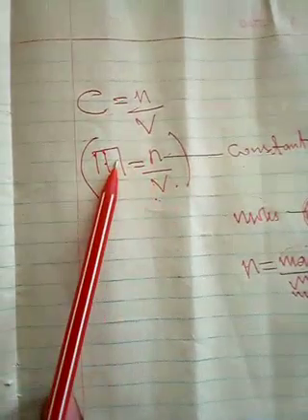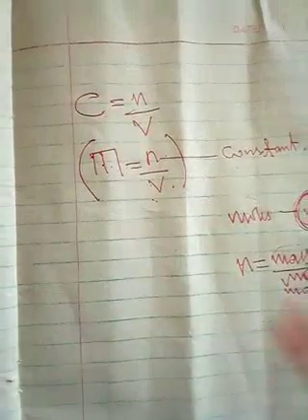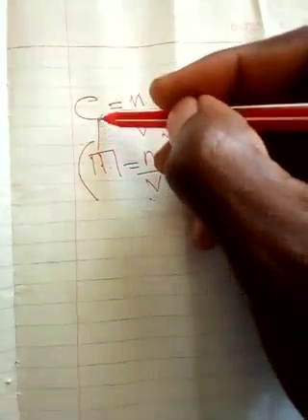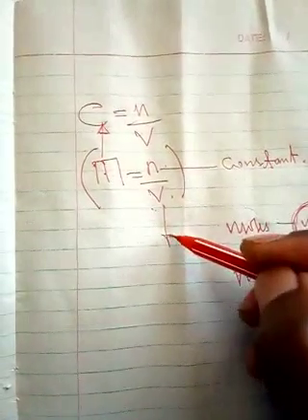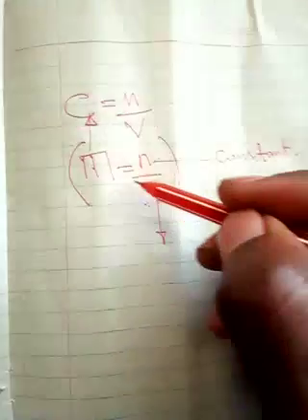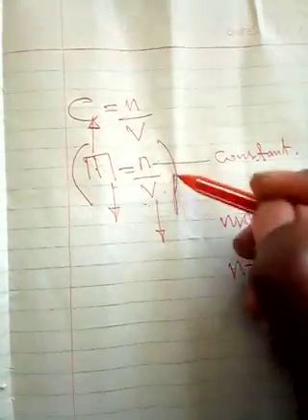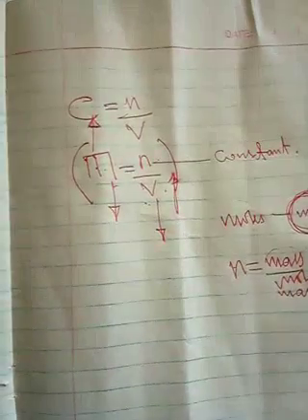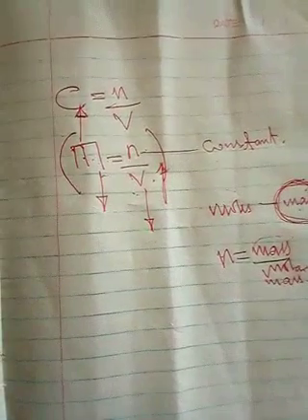When I say that the molarity is inversely proportional to the volume, I mean when your molarity values go up, your volume values drop down. Conversely, if your molarity values drop down, your volume values increase.